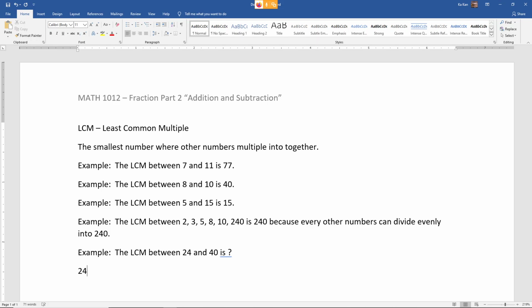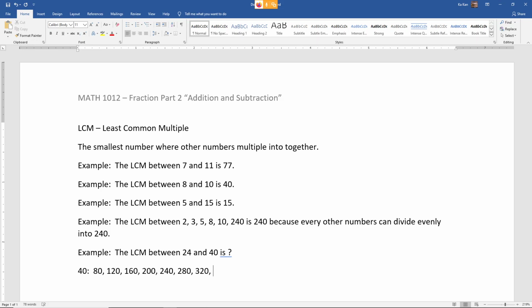Just go like this: 24, and I'll go 40 first. I think about all the multiples of 40. Starting with 40 times 2 is 80, and then 120, and then 160, and then 200, and then 240, and then 280, and then 320.